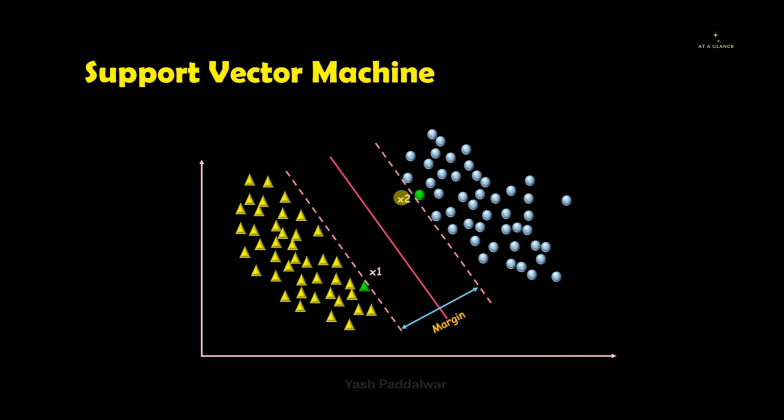Now we can easily compute the distance between x2 and x1 by the formula x2 minus x1. As you already know, these data points have coordinates, so by that we can compute the distance between x2 and x1. The goal is to find out the margin. If you carefully observe, this particular margin is strictly perpendicular to the hyperplane as well as both the gutters.